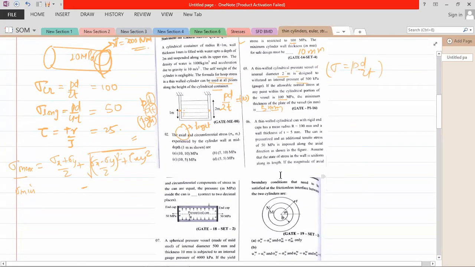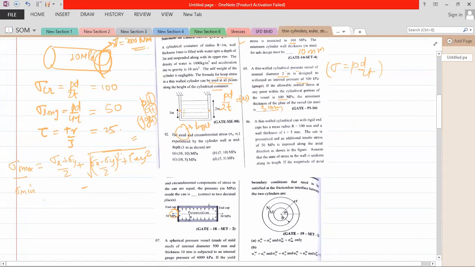Now again, a thin walled cylindrical can with rigid end caps, mean radius given, thickness given. The can is pressurized. An additional tensile force of 50 kilonewton is imposed along the axial direction. It is given that the magnitude of axial and circumferential components of stress are equal, and you need to find the pressure inside the vessel.